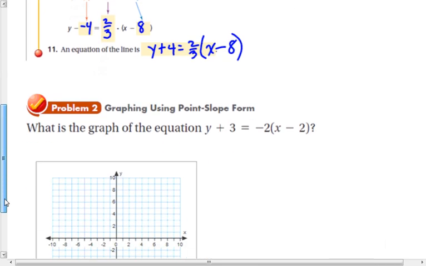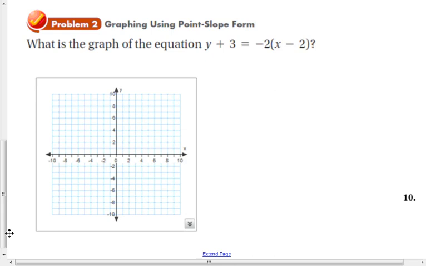All right, we can also use this form to make graphs. We just have to identify the different parts. And of course, this part right here, negative 2, that's our slope. Remember in the form, we have y minus y sub 1 is equal to the slope times x minus x sub 1. So whatever we're subtracting from x is x sub 1.